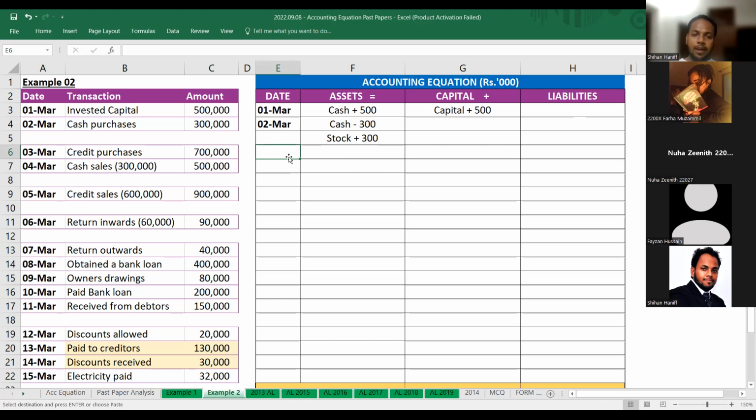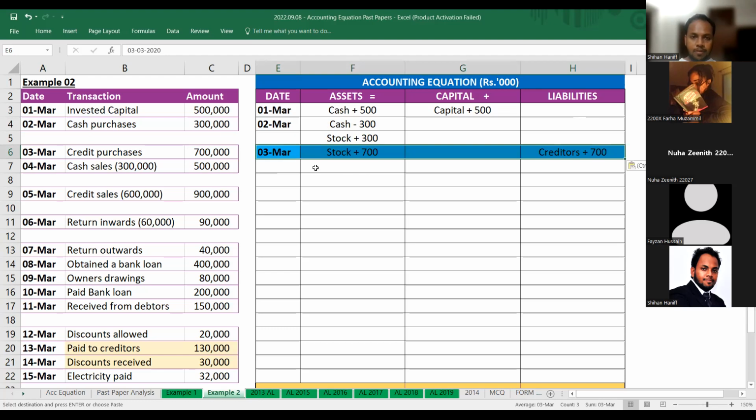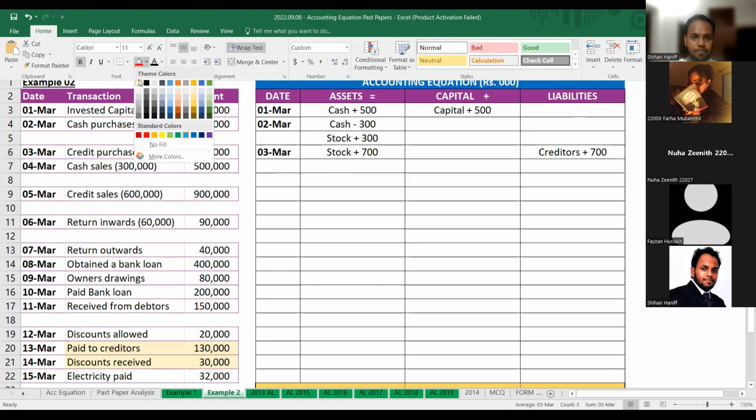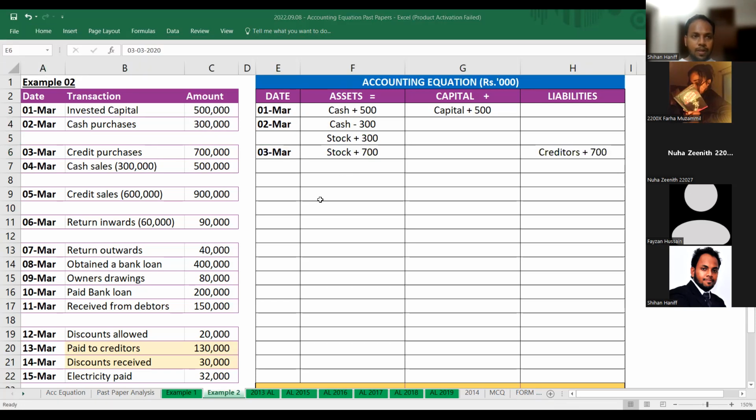So it will create a liability. The liability is creditors. So stock will increase by 700. Creditors will increase by 700.